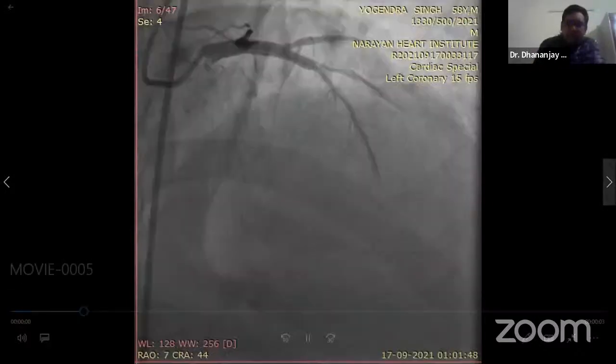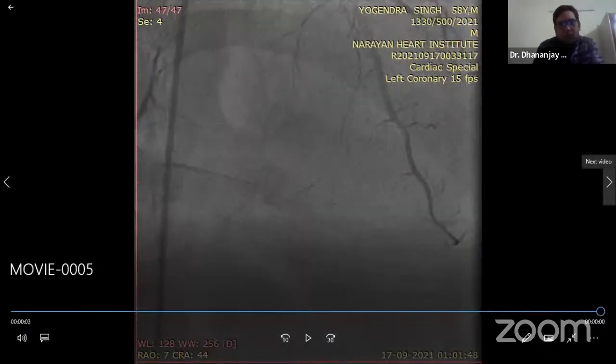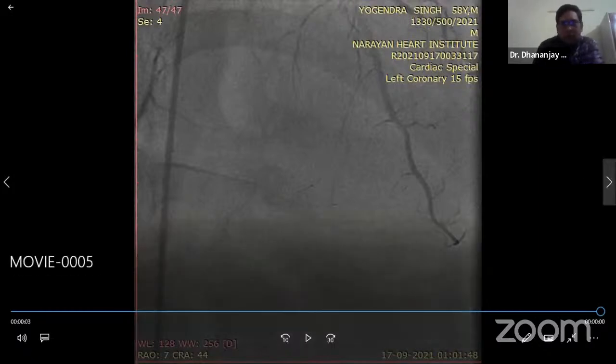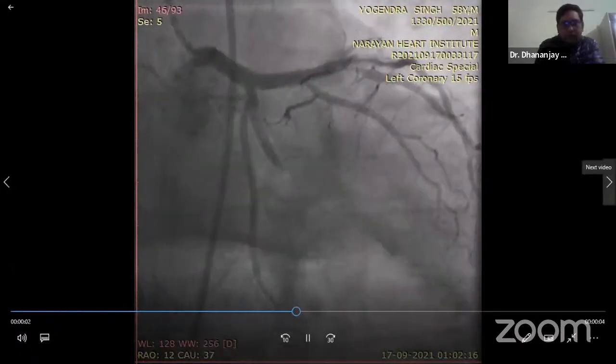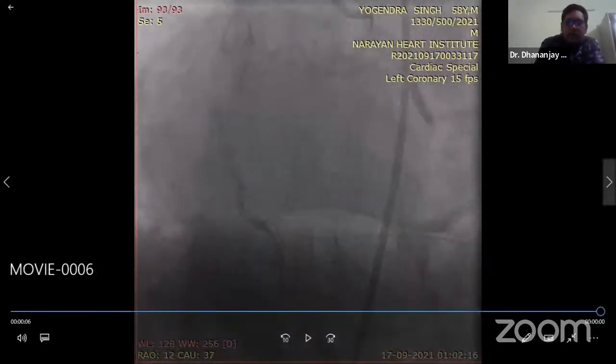The left system is giving retrograde collaterals to the RCA up to the distal end of the stent, and the RCA is totally occluded from the proximal part.